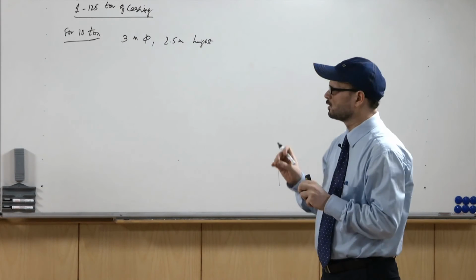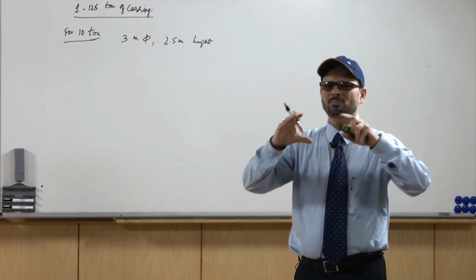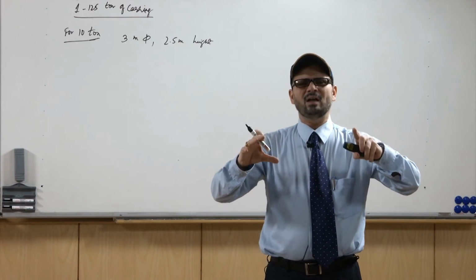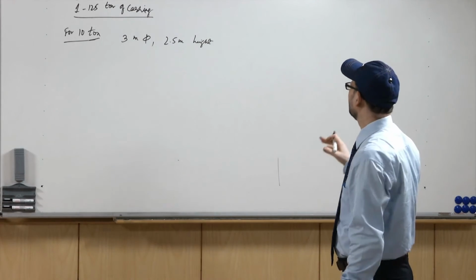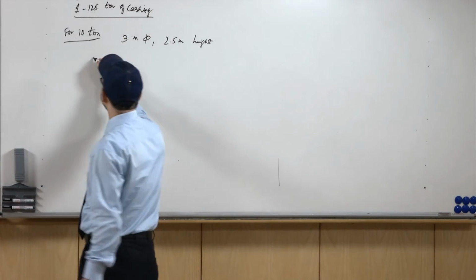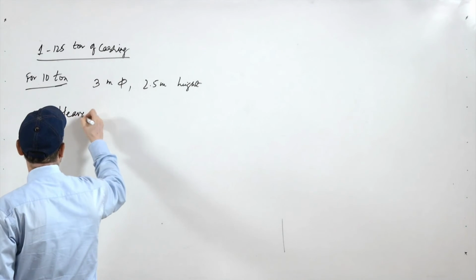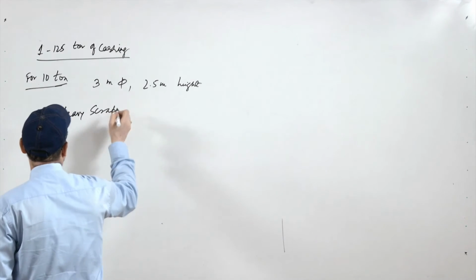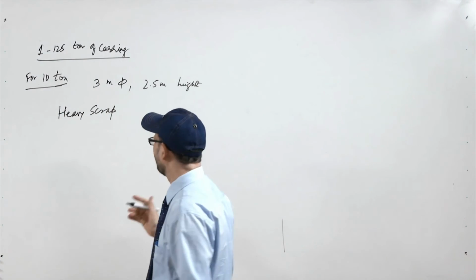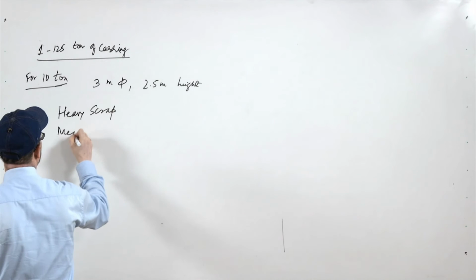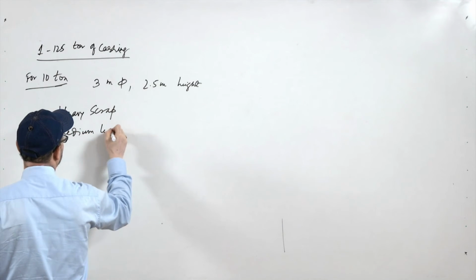So, your charged material should be properly kept, and the charge is normally heavy scrap. That comes about the runners or risers heads, then you have medium scrap and light scrap.